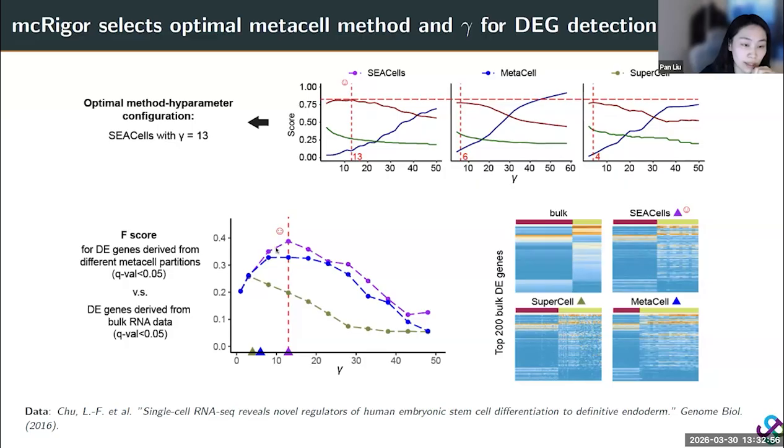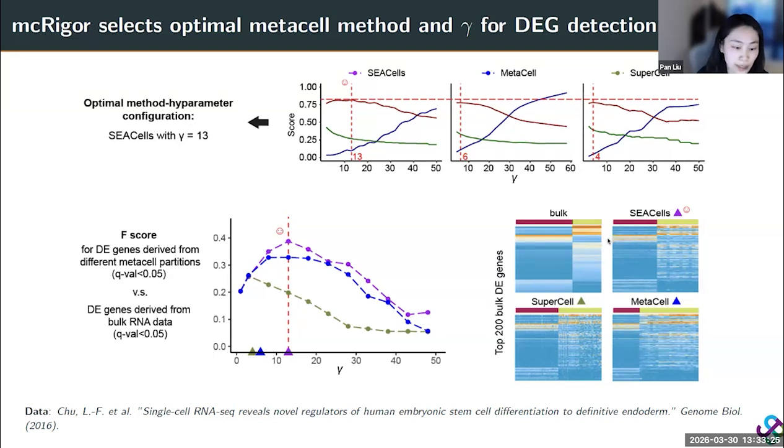This is the one given by the purple color, which represents the SEACells method. And going back to our mcRigor results in the top panel, we can see that SEACells with gamma equal to 13 is exactly the optimal method hyperparameter setting that was chosen by our mcRigor method.